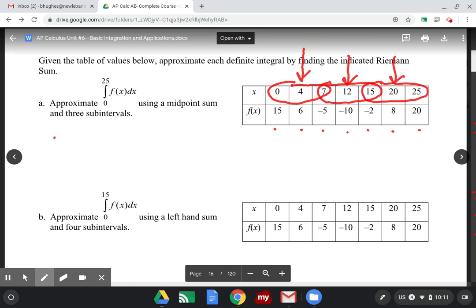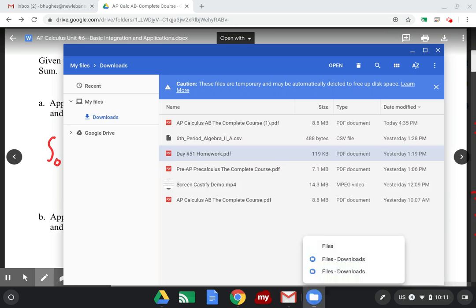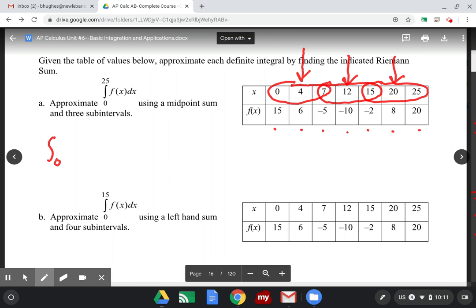So here we go. The integral from 0 to 25, so the area under the curve from 0 to 25 of f of x, is approximately the very first rectangle that we have.